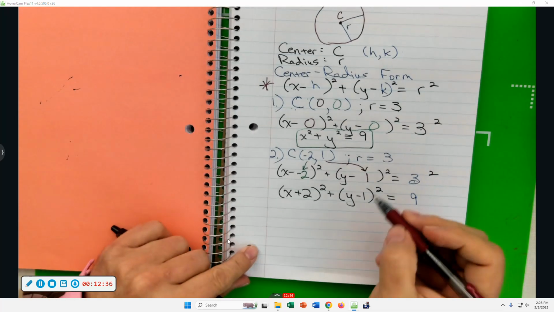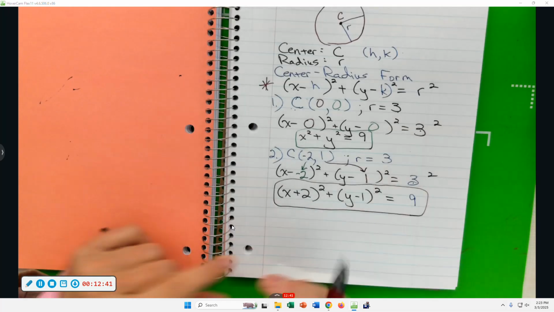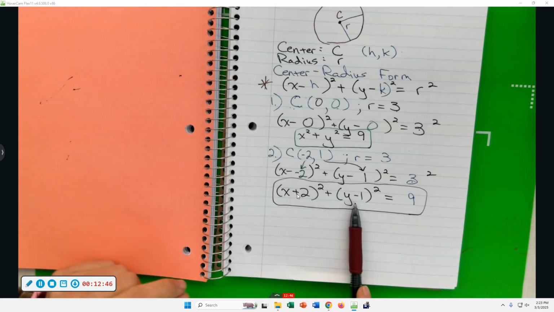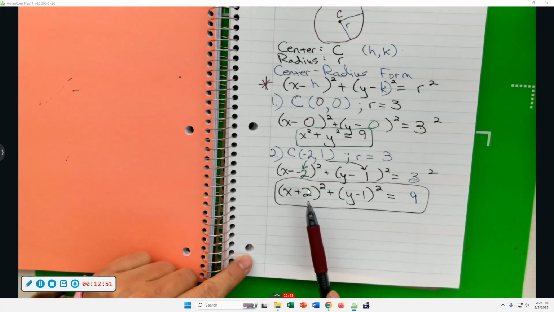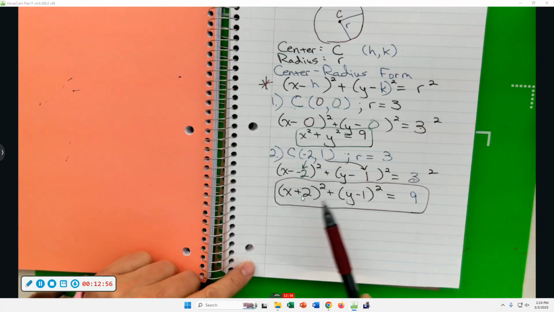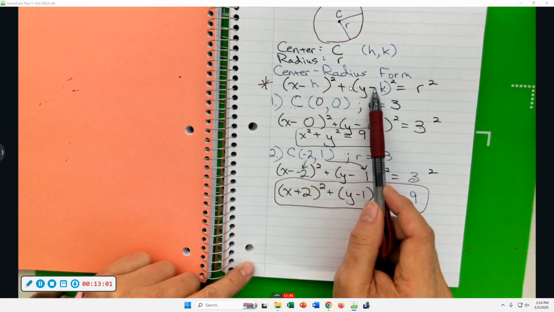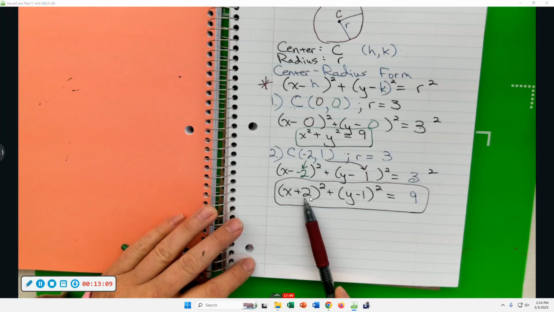This problem highlights something that you need to notice. When you're looking at center radius form, eventually they're going to stop giving you the center and the radius. They'll give you center radius form, and you have to go back to the center and the radius. Notice, because center radius form has that minus sign inside the parentheses, the number you see inside the parentheses is exactly the opposite of the center.